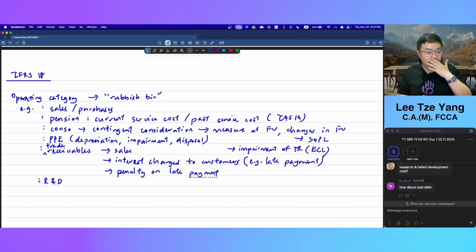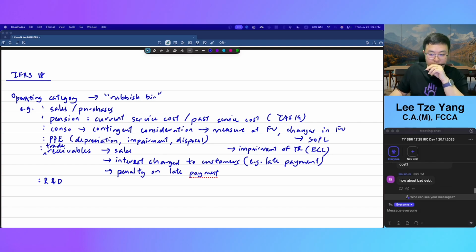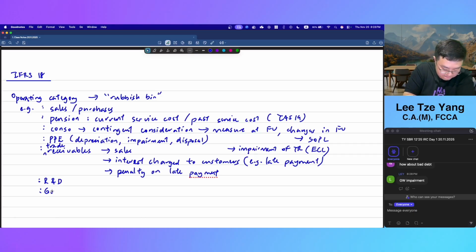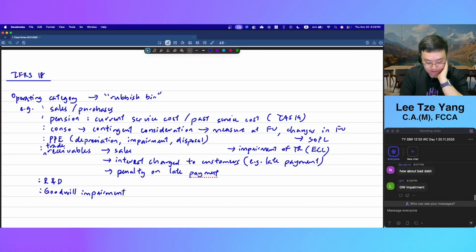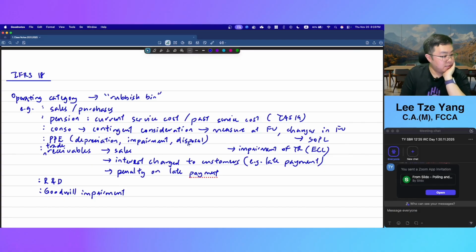Goodwill impairment, yes, it will be under operating, should not be under elsewhere. Impairment is done already. What else?